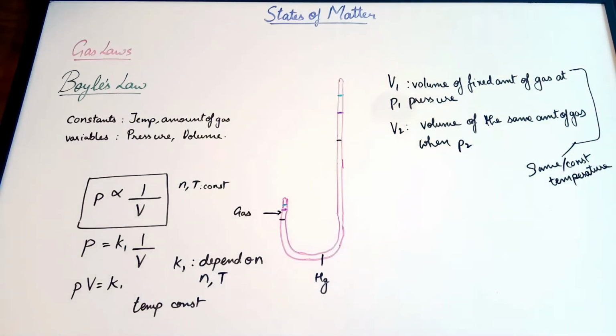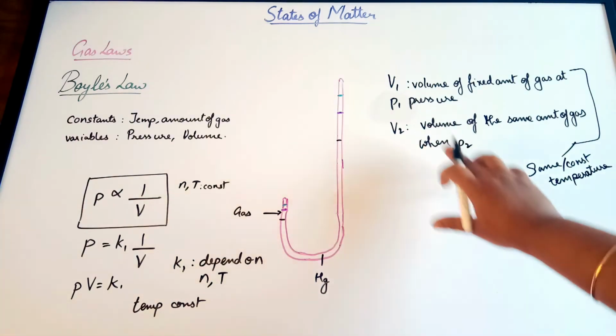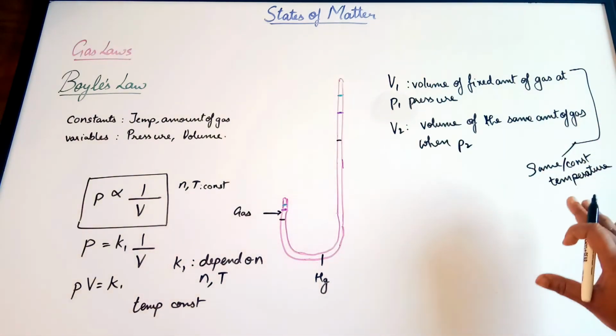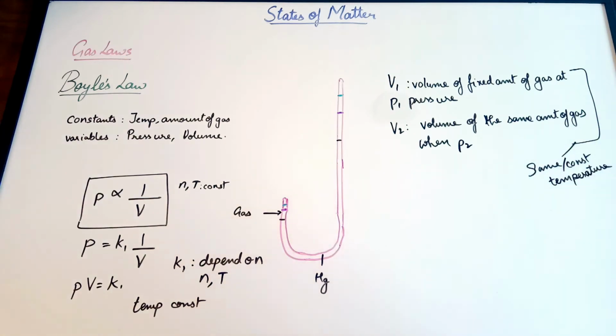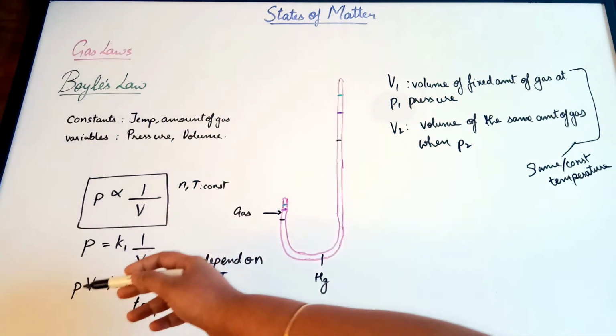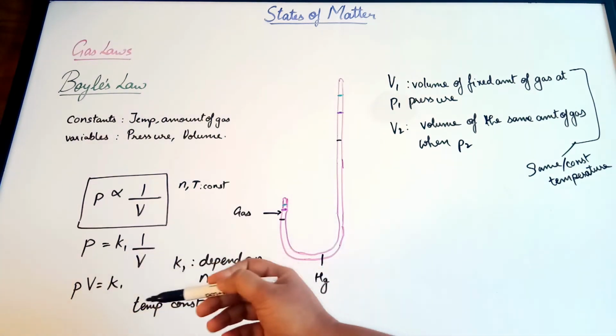So here, when you have V1, the volume of a fixed amount of gas at P1 pressure, and when pressure changes from P1 to P2, the volume becomes V2, and this is a fixed amount of gas at the same or constant temperature. Then we can get a relation. We know that P into V is a constant, K1.